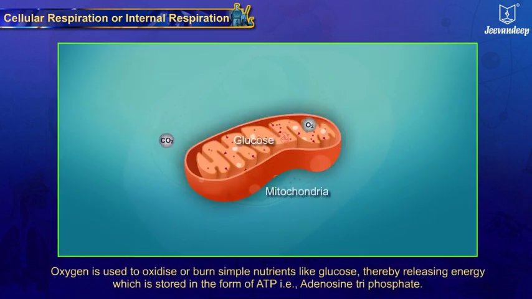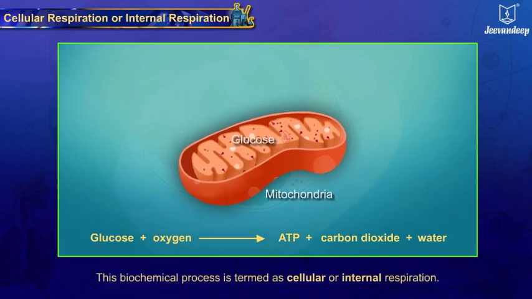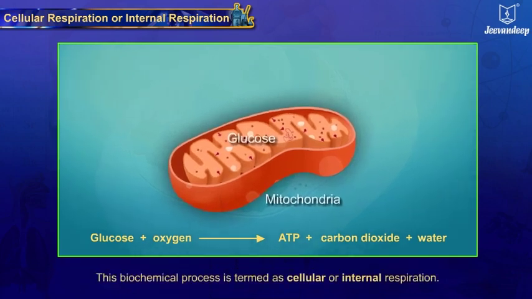This oxygen is used to oxidize or burn simple nutrients like glucose, thereby releasing energy which is stored in the form of ATP, that is adenosine triphosphate. This biochemical process is termed as cellular or internal respiration.